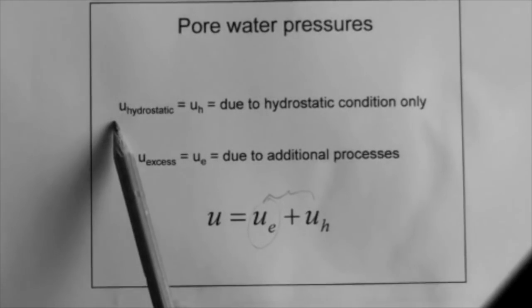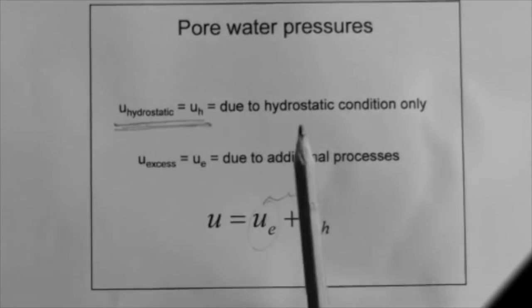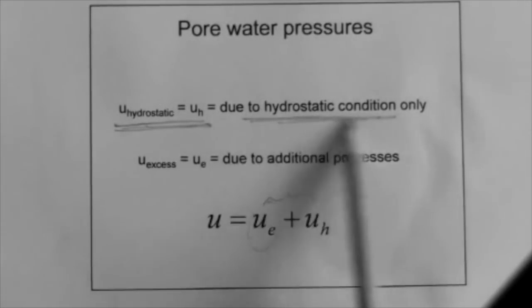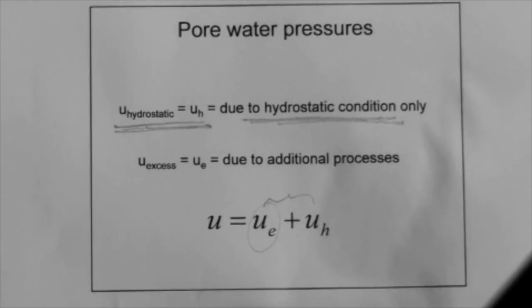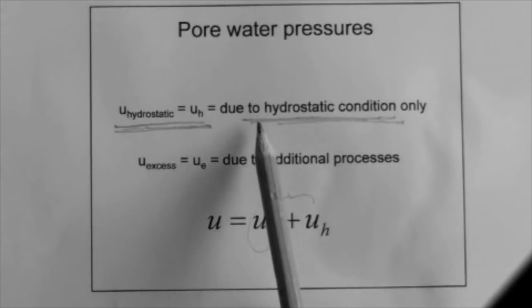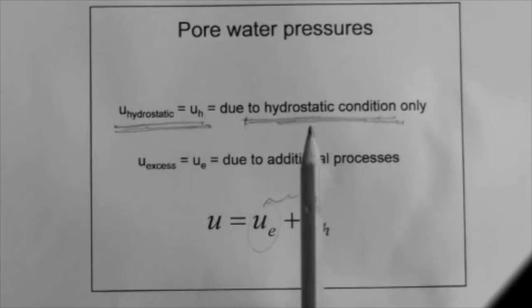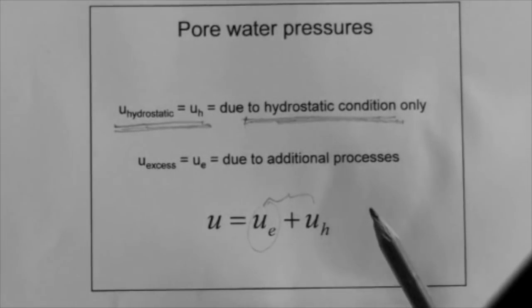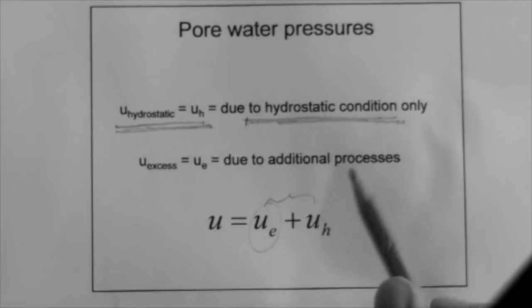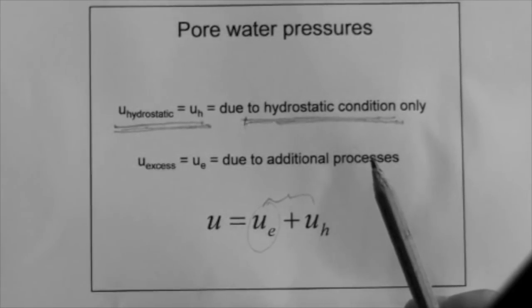The hydrostatic pore pressure, which is the one that we just talked about, is due to the hydrostatic condition only, meaning that the water doesn't move, and the only contributor to pressure is the weight of water above a point. The distance, the pressure head. But essentially the weight of water present above the point.